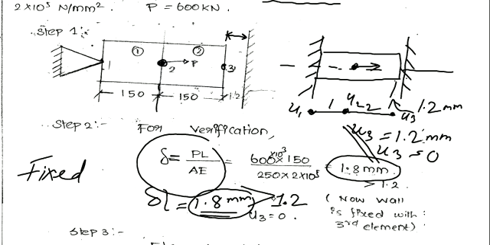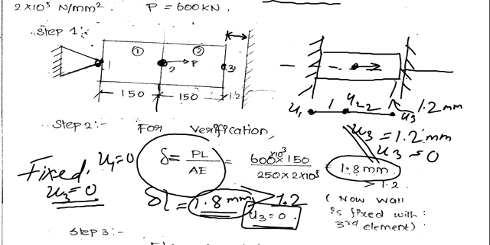You cannot consider a value lesser than this theoretical value. Okay, right. So now you can say that this end is also fixed, so u3 also you are getting 0. Anyhow u1 is 0 because it is a fixed support on the left side, and u3 is also 0, right? So the same thing has been considered.